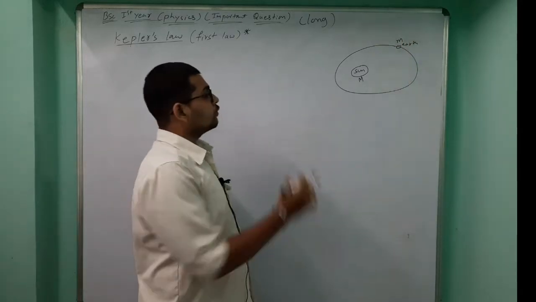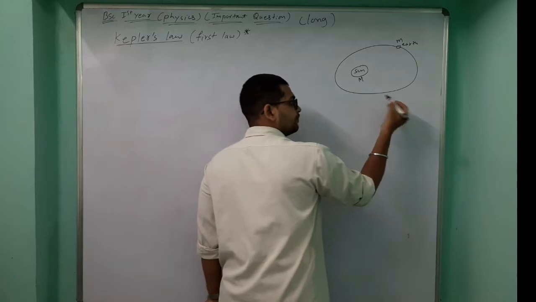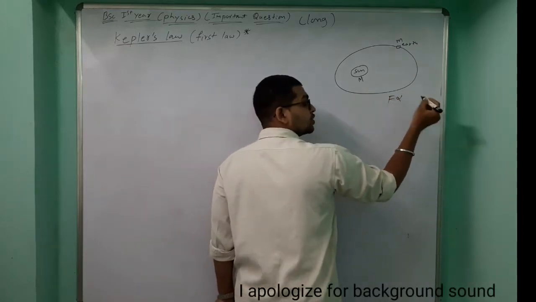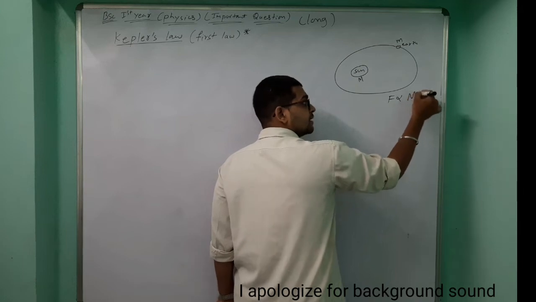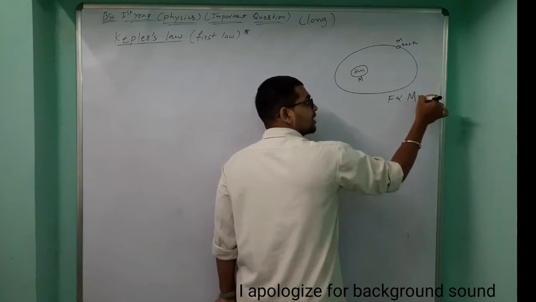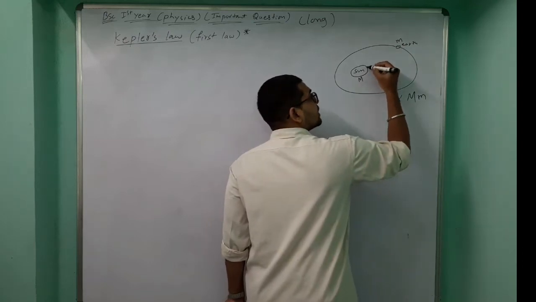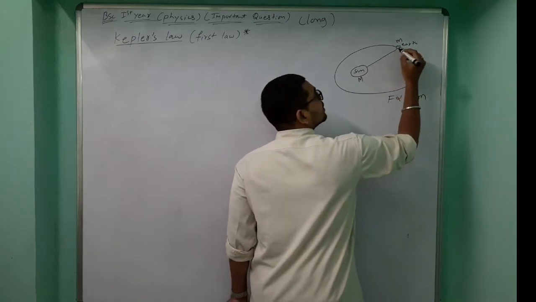The force between these two masses is proportional to the product of their masses, mass of the Sun into mass of the Earth. Suppose they are separated by a distance r.